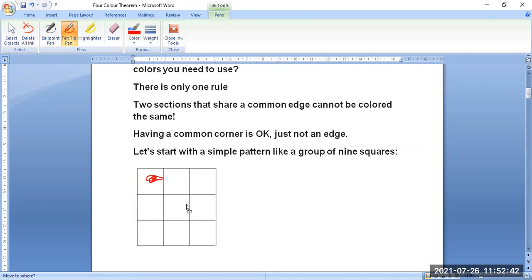If this is red, then we can make this one also red, this one also red, and this is also red.